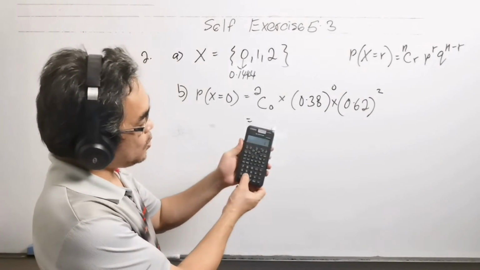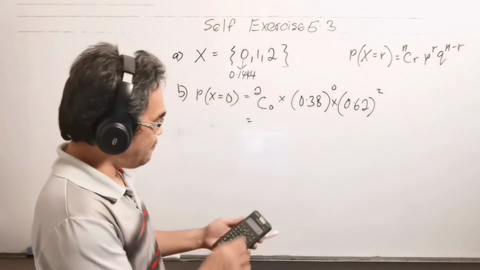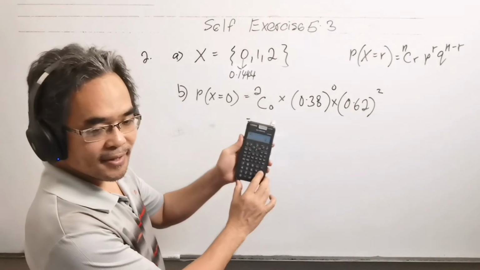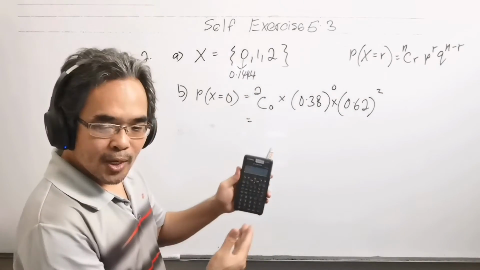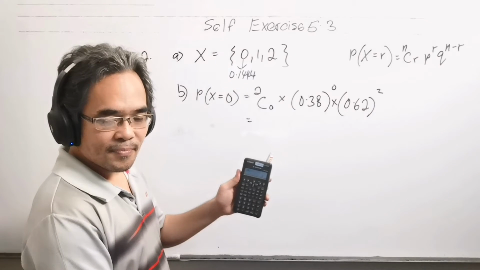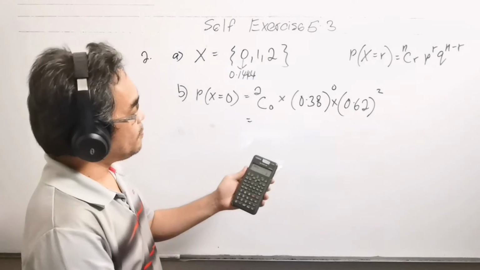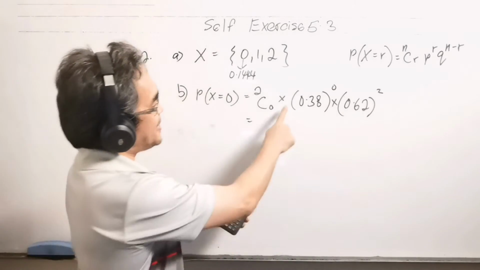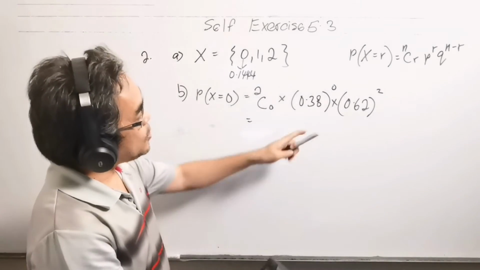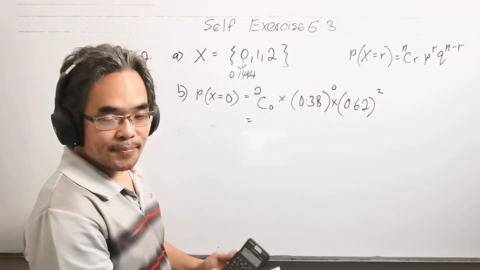First, you press 2 and then you press shift division. Shift and divide. Then it will come out as C. Got it? Then press 0. Then press times. And since we are using decimals, you do not have to put a bracket.